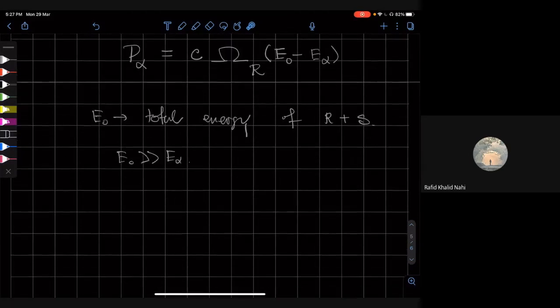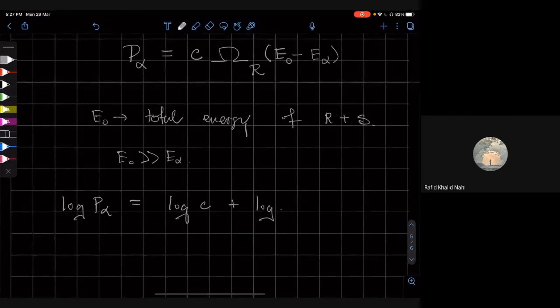All right, so let's expand the probability as a Taylor series in E alpha. Of course, instead of probability, we want to expand the log of probability. Log is a very nice function, as we know. It's a monotonic function. So the log of P alpha is going to be given by some constant log of C, and then we have the log of omega R evaluated at E naught.